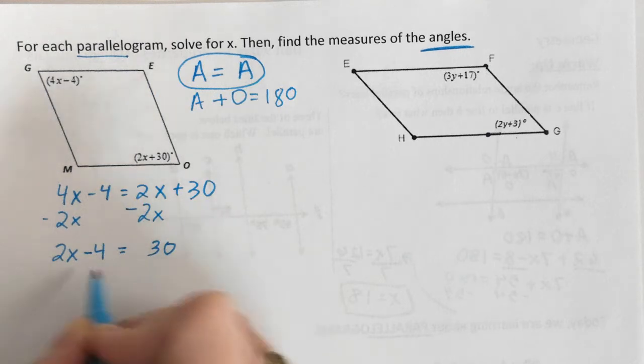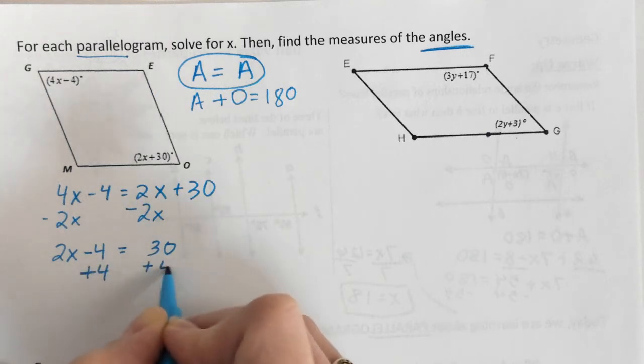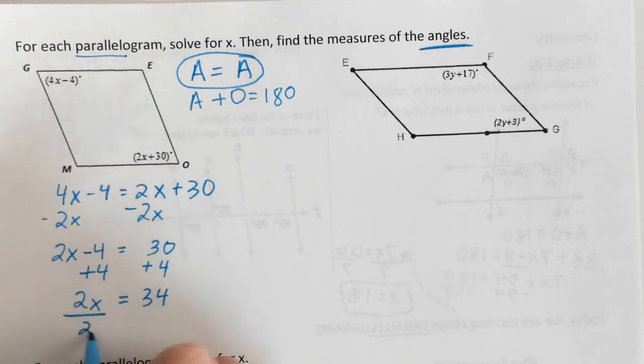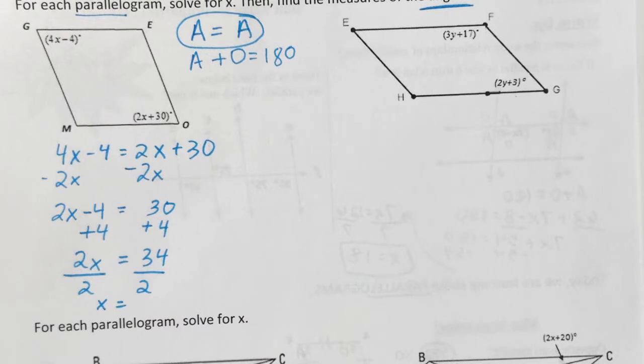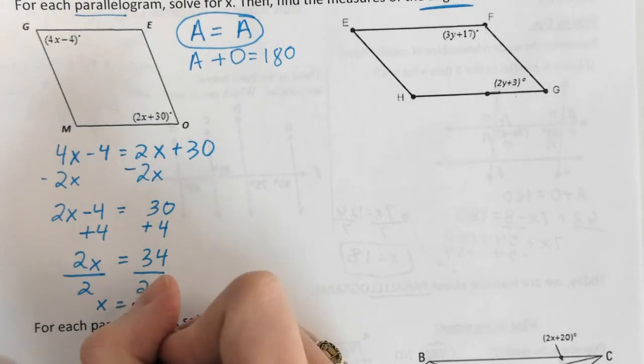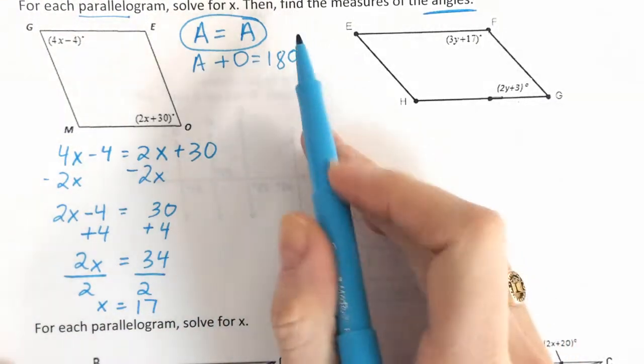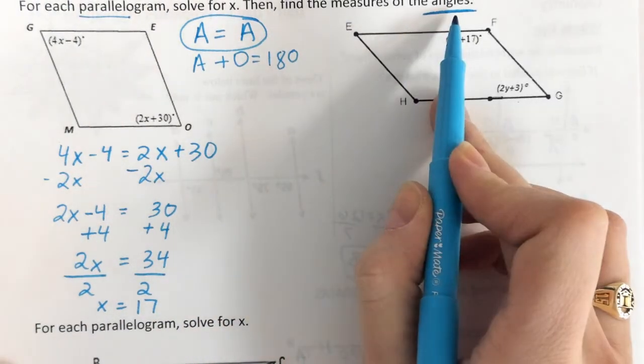Now I need to move all my numbers onto the other side. So I have 2x equals 34. And my last step is to divide. 34 divided by 2 is 17. So we got x, but remember the question said find the measures of the angles.